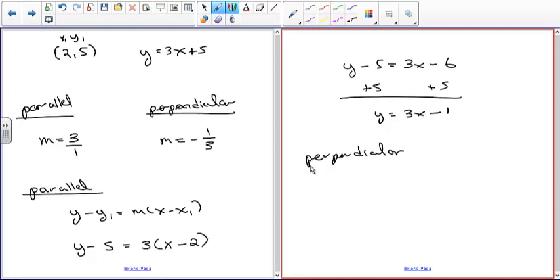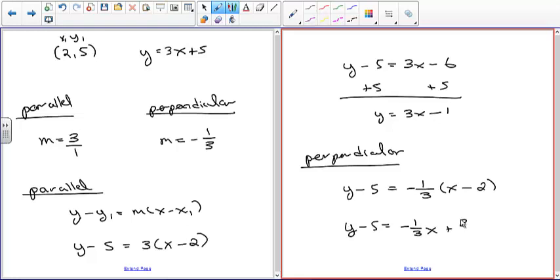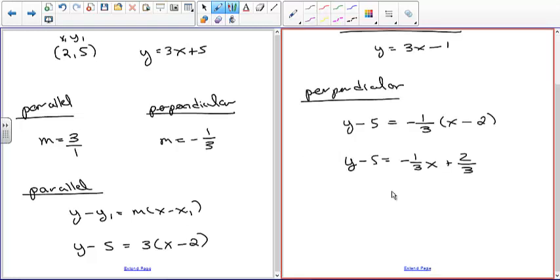Now for the perpendicular line, slope is negative 1/3, so it's the same point. We use negative 1/3, and still the same point. So we would get negative 1/3 x. And here we have negative times a negative is positive. So positive 2/3. And we add 5 to both sides.